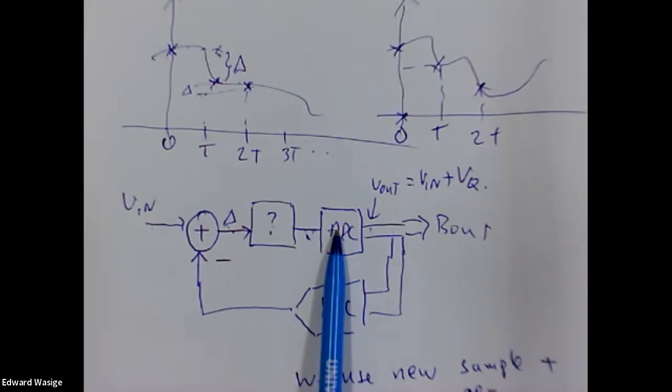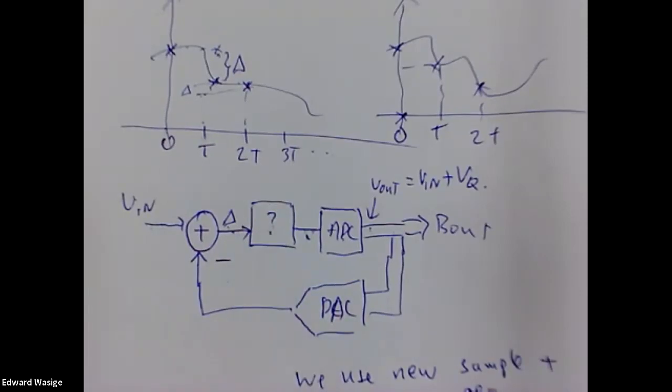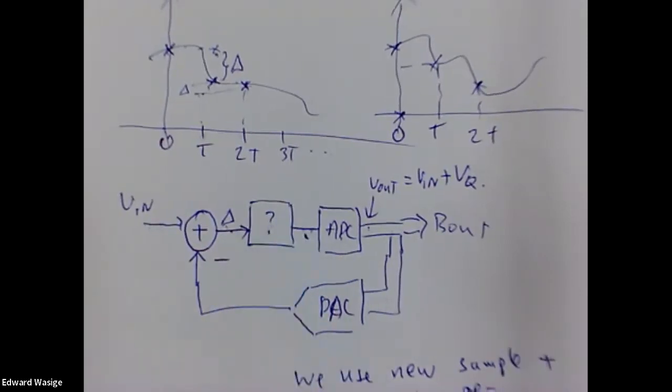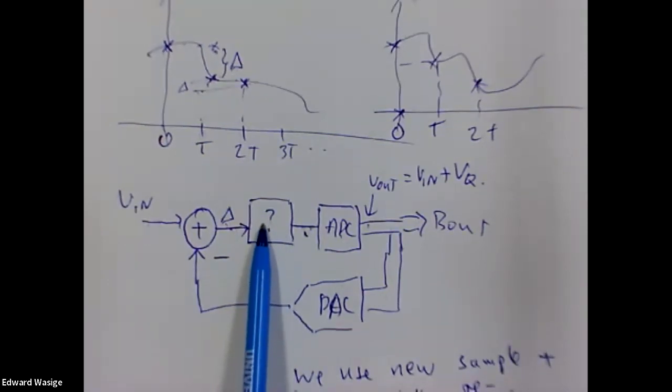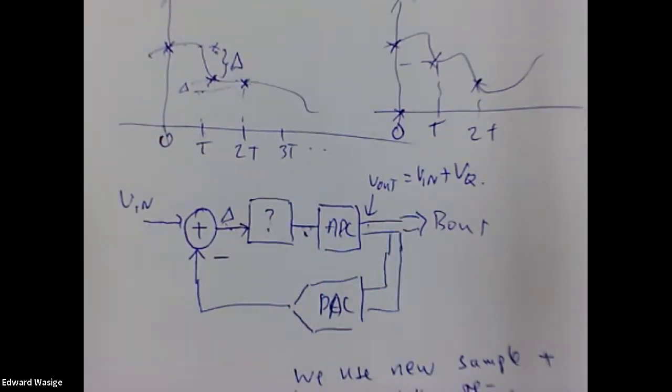This one also doesn't change the signal, other than it adds quantization noise. So the choice of this block is quite crucial. We should choose it so it behaves like a high gain unit which amplifies the signal. That way we can reduce quantization noise. Another question or component. Yeah, so the new samples, we use that to improve the accuracy, and how we do that, we'll see in a moment.